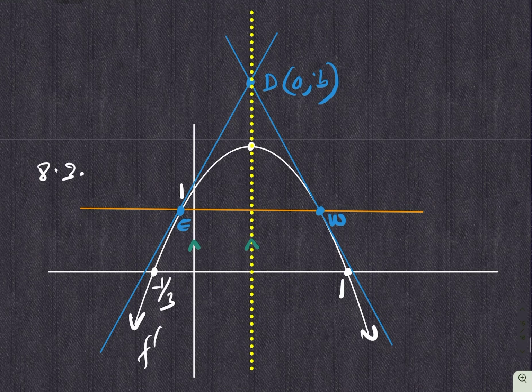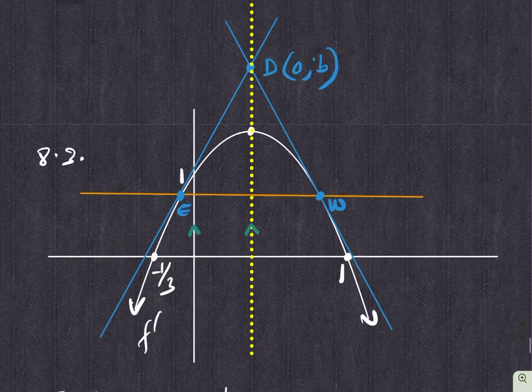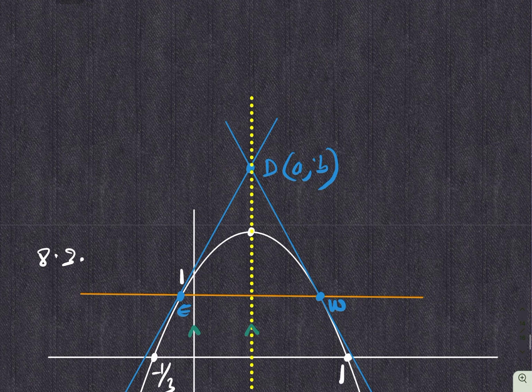Remember this F prime situation. My F prime was negative 3x squared plus 2x plus 1.